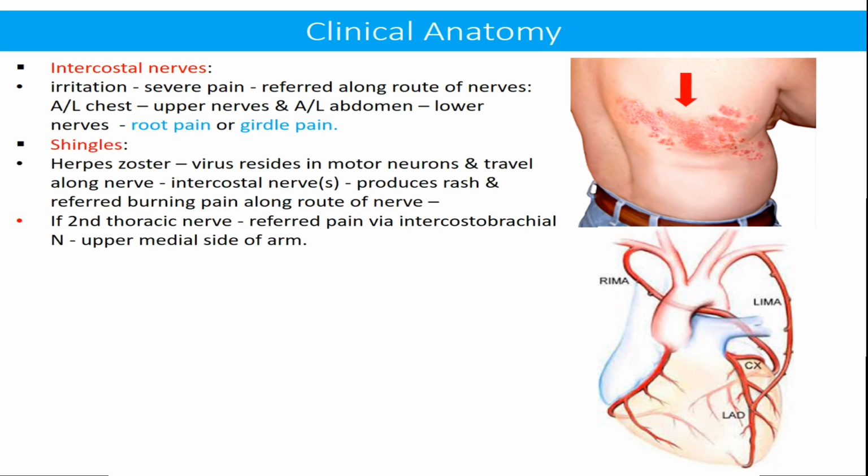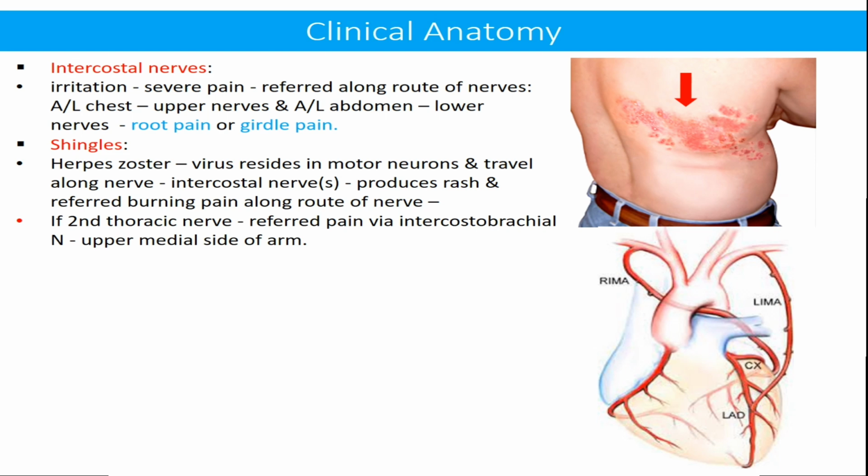Shingles is the herpes zoster viral infection of the sensory neurons. The virus resides in neurons and travels along the nerve fibers. In case of intercostal nerves, it produces a rash and referred burning pain along the root of the nerve.